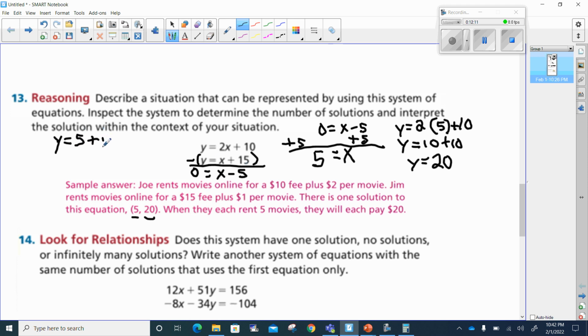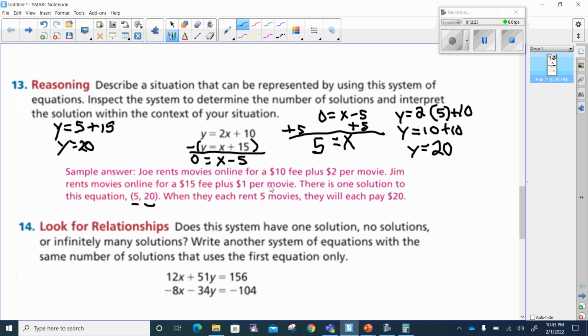And again, 5 plus 15 is going to be 20. And you see that this system works because whenever x is 5, y will be 20. All right, let's move to number 15.